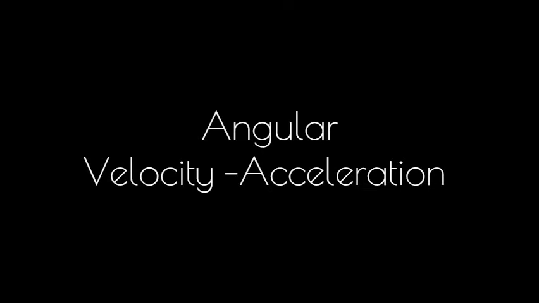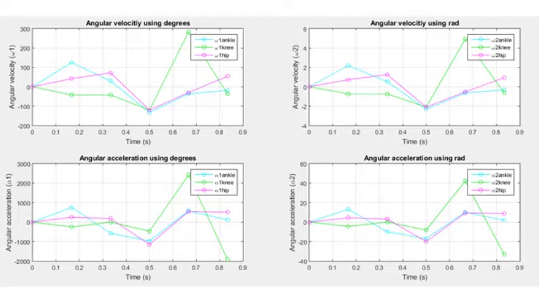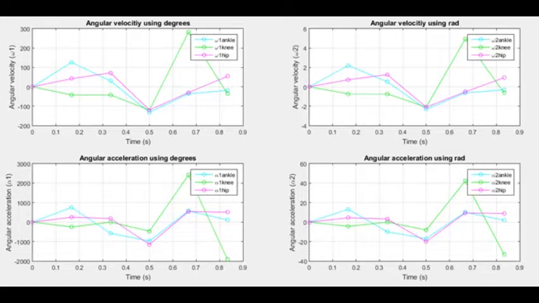Also, we determined the angular velocity and acceleration in both degrees and radians. The knee had a big change in the first seconds, from 110 degrees to 157 degrees, producing a great peak. For the angular acceleration graphic, each joint shows similar action to the velocity.